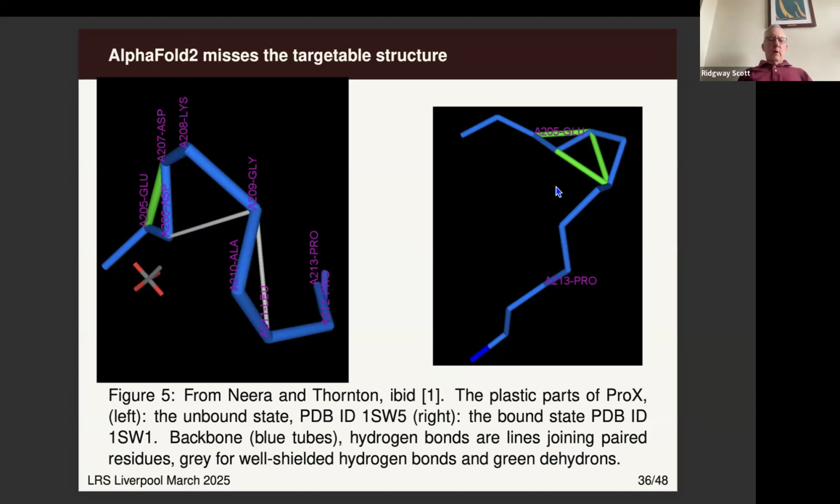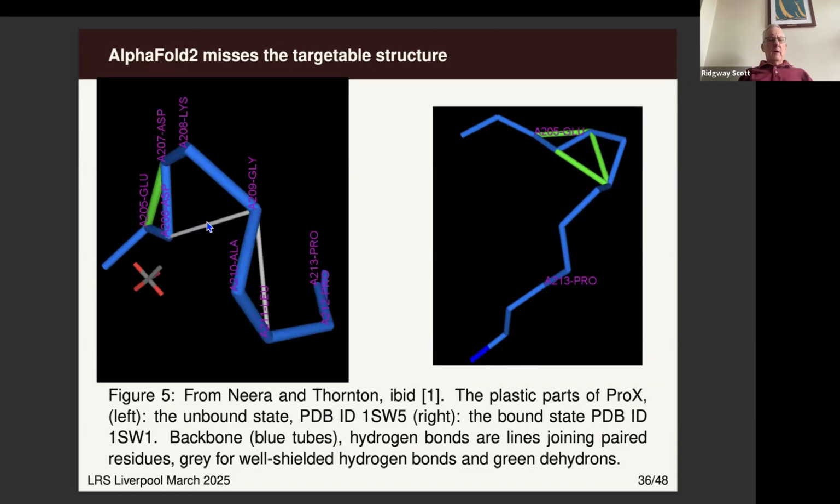Okay. So what happens is, upon binding, Janet Thornton did the experiments, you form a new structure here. Now, it's not a strong structure. It's got 3 dehydrons in this part of the sequence. You have to read carefully, but this is A205 Glu, the backbone moving around to the other side, 213.